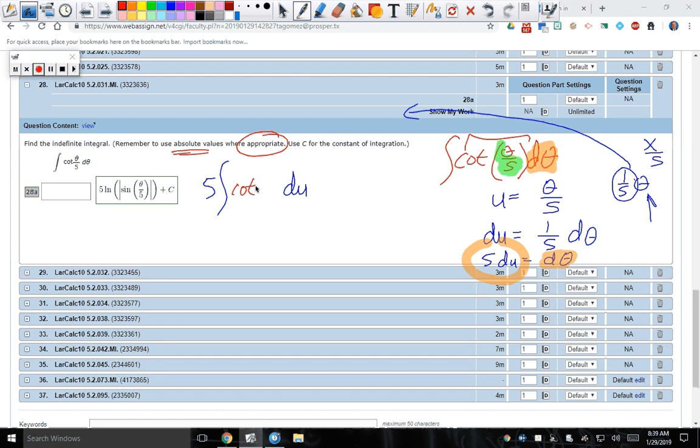U. Now look guys, it was really good timing in the questioning that Bella had as far as identifying the power and the coefficients of my variable. What is the coefficient of u right now? It's 1, and that's what we wanted it to become, because I know the antiderivative of cotangent of a variable, or the tangent of a variable, so on and so forth, and u is just another variable.